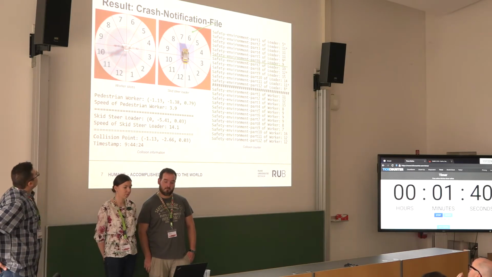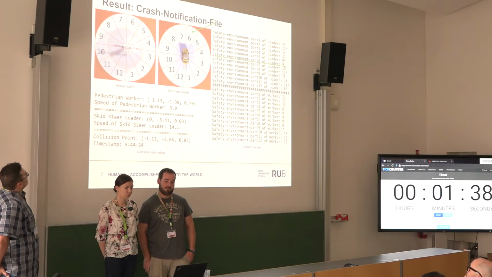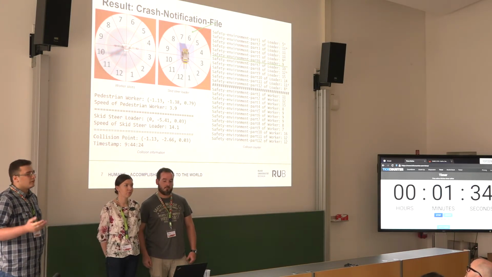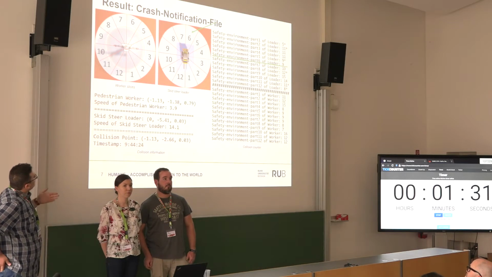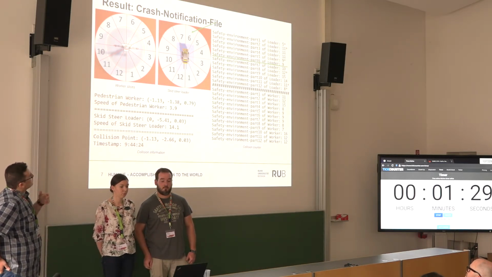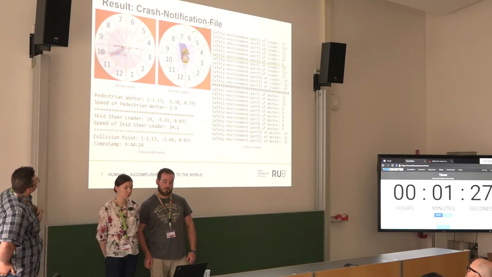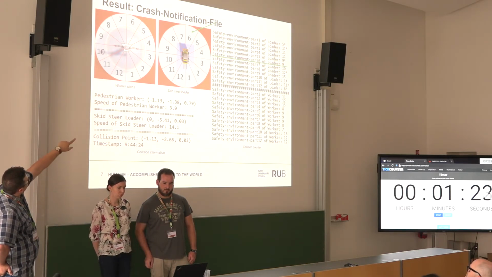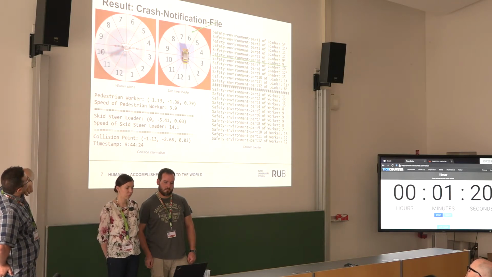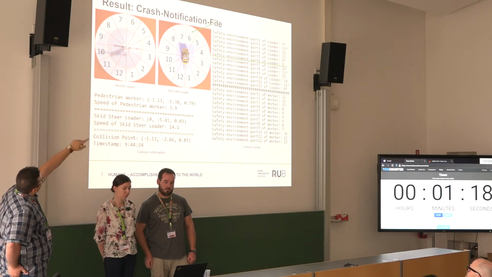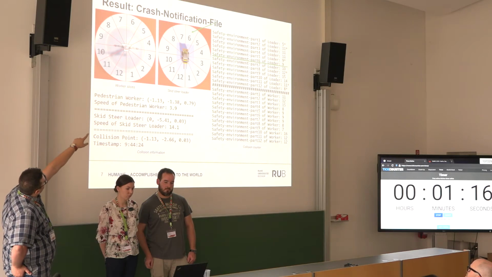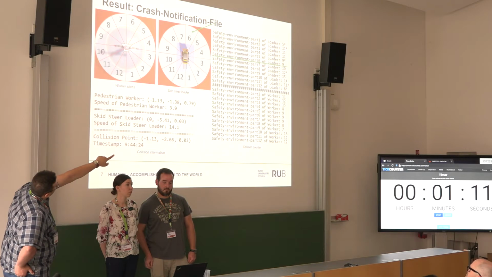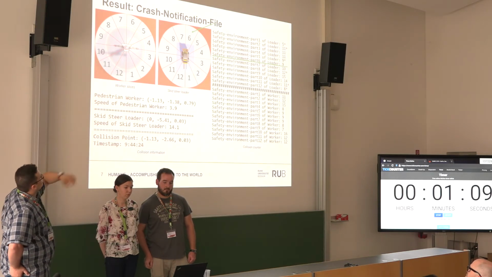Then we come to the crash notification file, which is created. It is simply a text file where the collision info is collected. For example, we have divided the worker and the skid loader environment into 12 slices, and for example I've put an arrow. Maybe for example the 6th slice, we have detected 9 collisions, the line I've underlined.